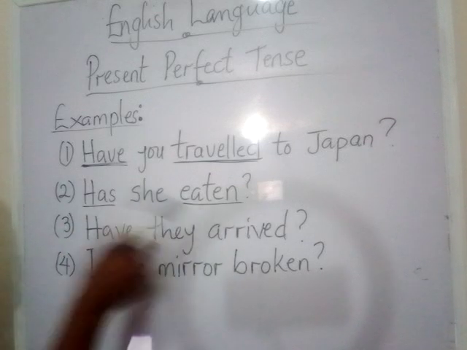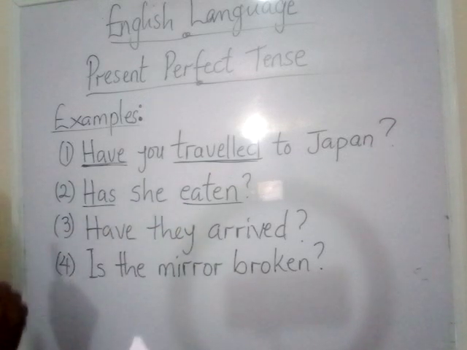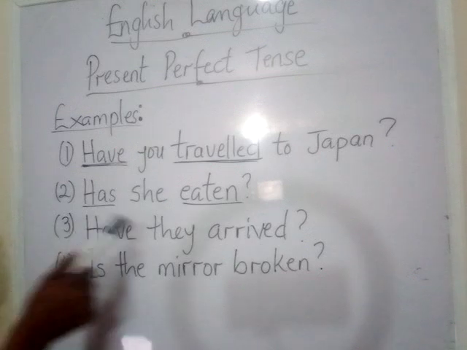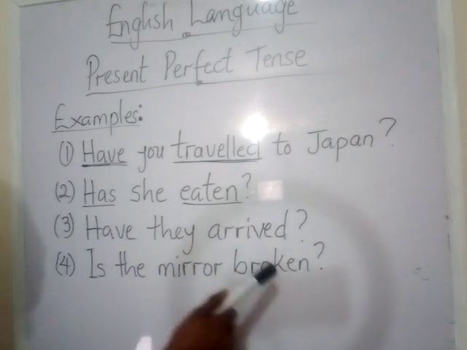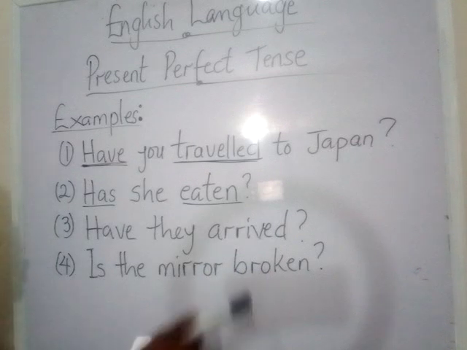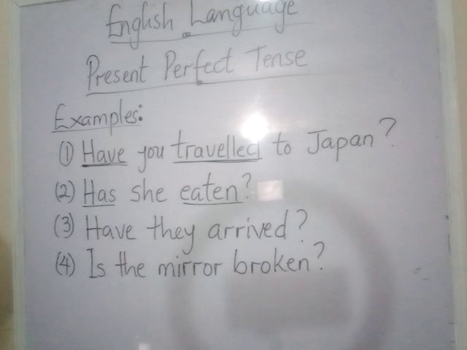You can't say has she ate or has she eat. No, it's wrong. Have they arrived? Is the mirror broken? So in all of this, you find out that in present perfect tense, the verbs always feature in the past participle form. Okay? You use have, you use has, followed by past participle forms of the verb.